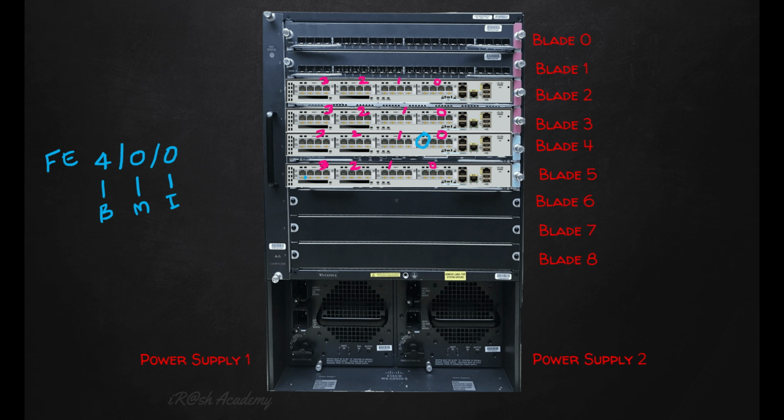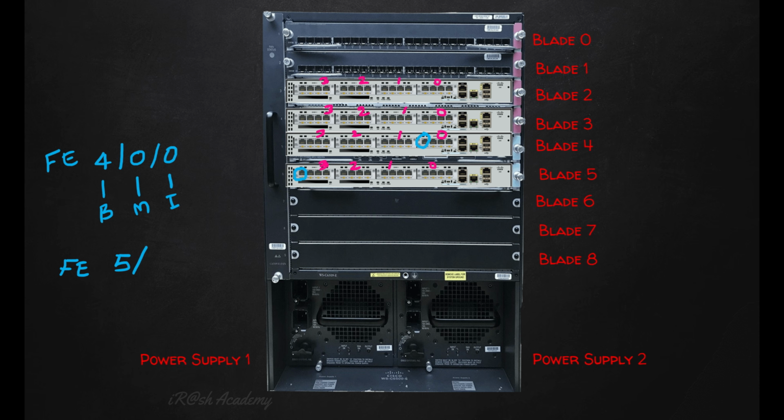Now another example. What is the number of this port? First of all, it is a Fast Ethernet interface, so let me write FE. Then this port is a part of which blade? It is a part of blade 5. So first we need to mention the blade number, then slash. Then this port is a part of which module?